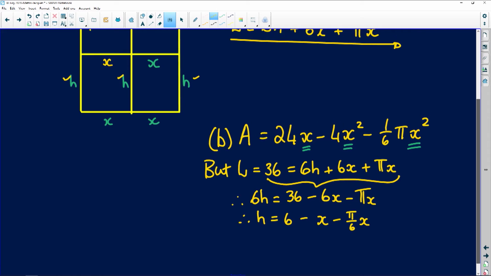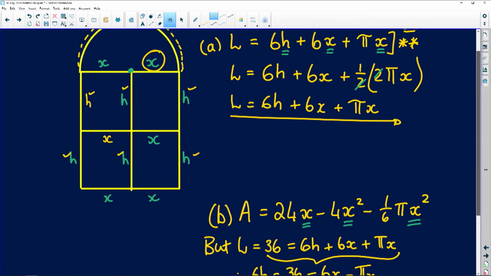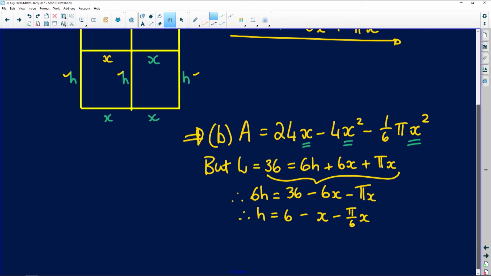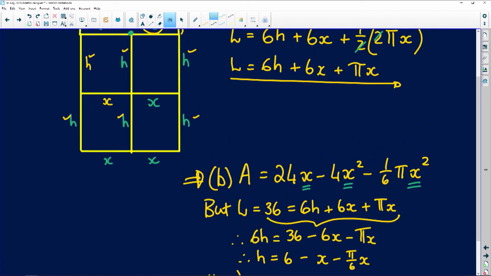Now remember, what is the area of this expression? We've got the area given here, but we need to show that it is indeed this. So let's see. The area in terms of h and x, both variables, will be, let's count again, there's 4 congruent rectangles.